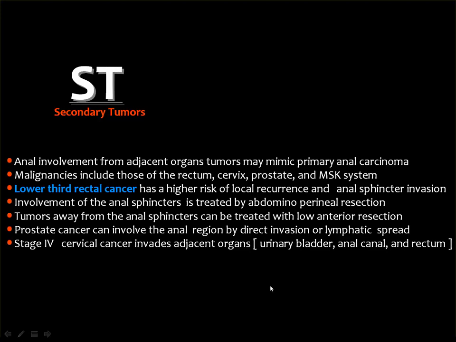But other malignancies like stage 4 cervical cancer may invade adjacent organs like the urinary bladder, anal canal, and the rectum. Also, we have primary malignancies that can invade the anal canal, like the cervix and the prostate, or distant metastasis coming from the musculoskeletal system or the chest.